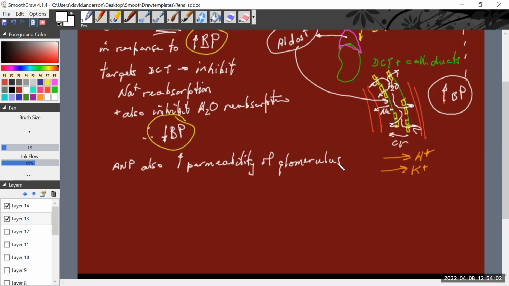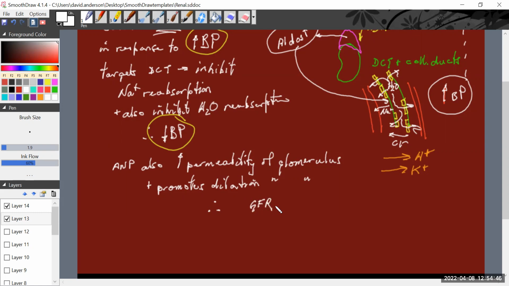Now, if we increase the permeability of the glomerulus, and increase the diameter, what happens to glomerular filtration rates? Is the glomerular filtration rate going to go up or go down?